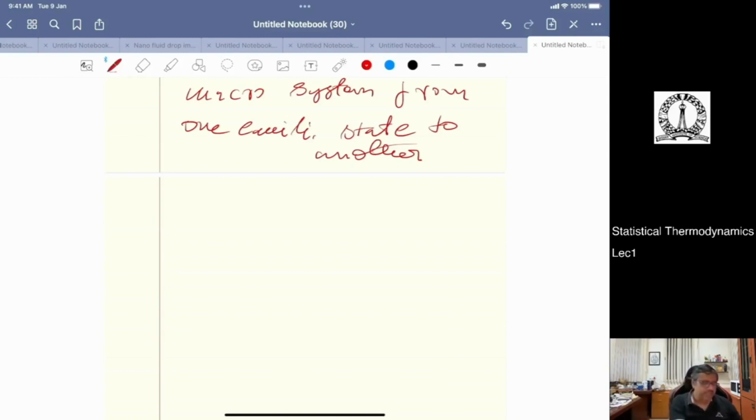As a result, we come to the concept that these energies are quantized. When you deal with a single particle, atom or molecule, you will find that they have energies like translation, rotation, vibration, and electronic. Except for translation, the other three are considered internal modes, whereas translation is considered an external mode.